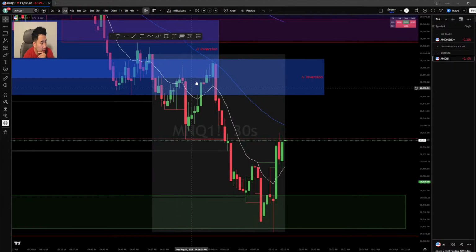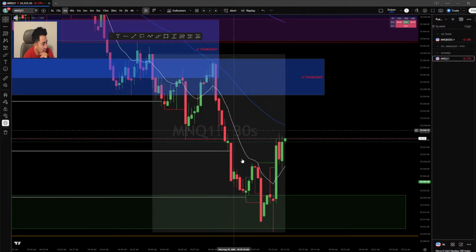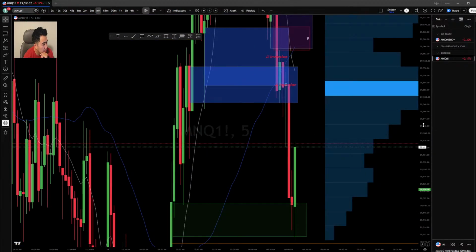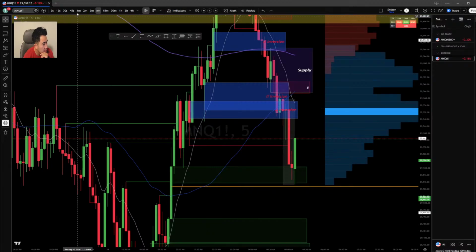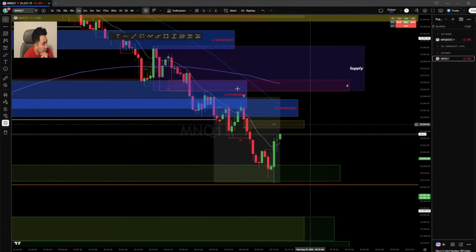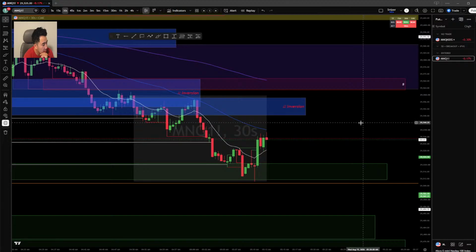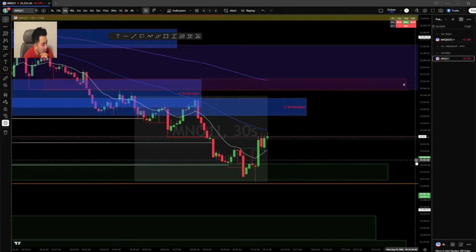If that didn't fake out right there where it stopped us out, that would have been a good drop. Just couldn't catch the pullback on any of the 30-second candles. It's like no pullback for entry.